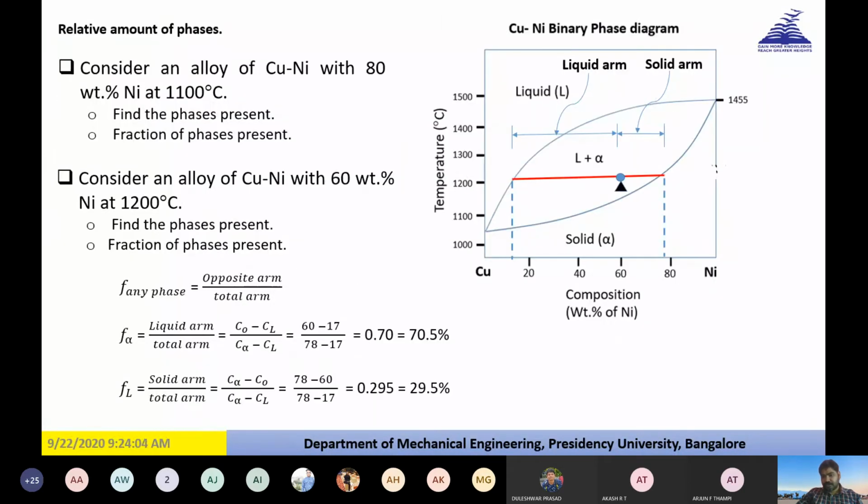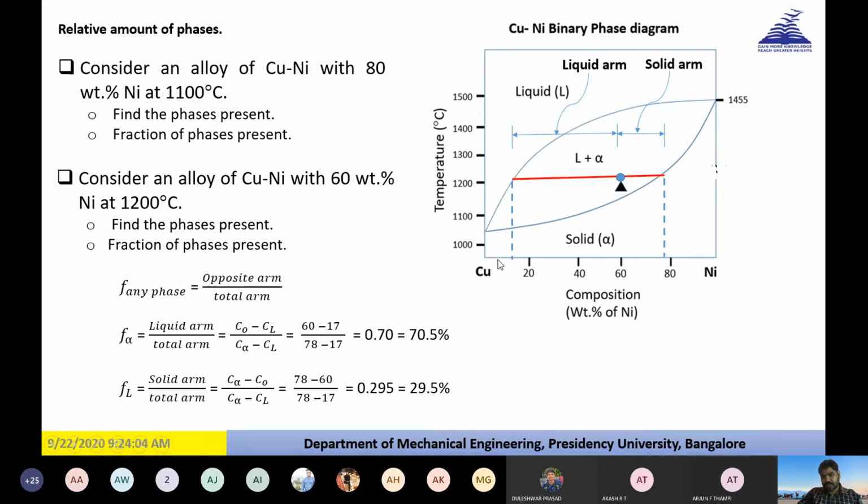Sorry, so this will give you the composition of liquid. So this is the Cl. I forgot to write it over here. This is Cl and this is C alpha. Now, what will be the liquid arm? So this is our liquid arm. This is the initial concentration C naught minus Cl.